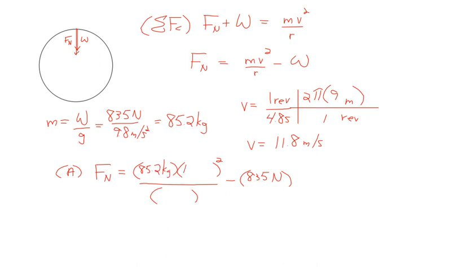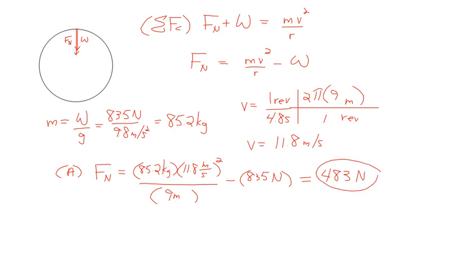V is 11.8 meters per second. And the radius is 9 meters. So, plugging in those numbers, and what do you get? 483? 483 newtons. So there's your answer for part A.